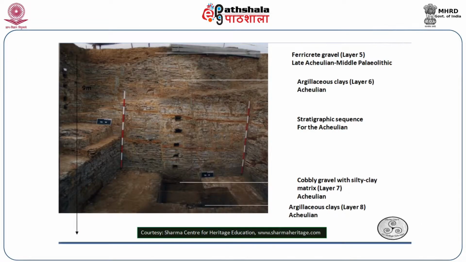So this is the way she has collected the sample. There are several stratigraphic layers available, and in layer 7 she collected this Acheulean material, and on the topmost layer also we have Acheulean material. So she collected late Acheulean material from layer 5.